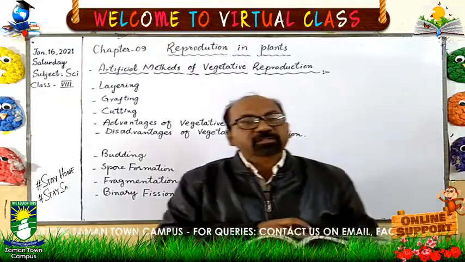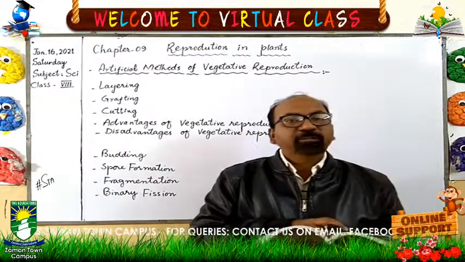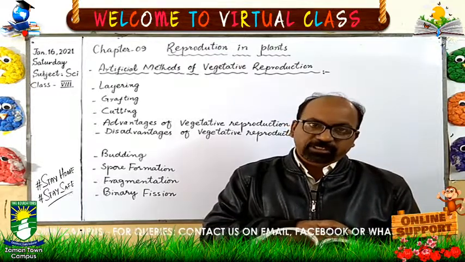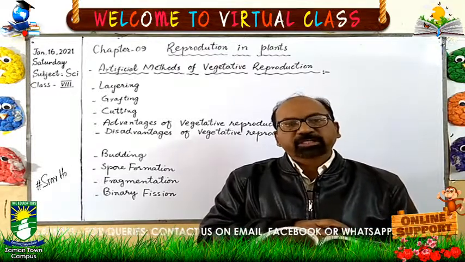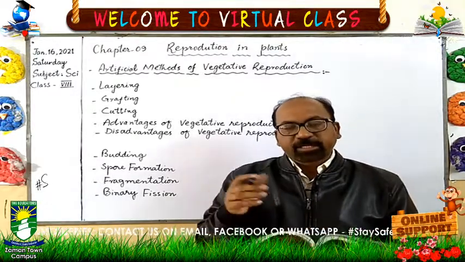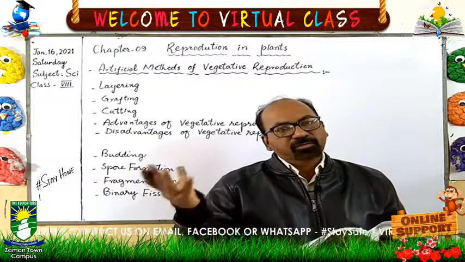Favorable conditions are the conditions in which the plant may grow easily. There is proper moisture, proper light, and proper food. These are the conditions which are necessary for the plant to grow.